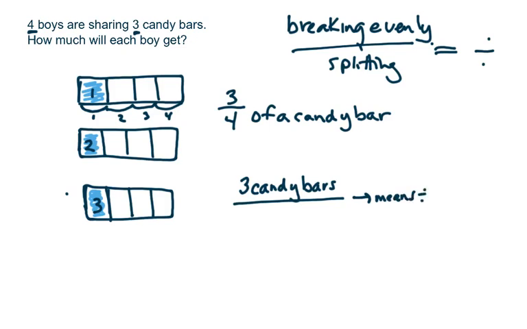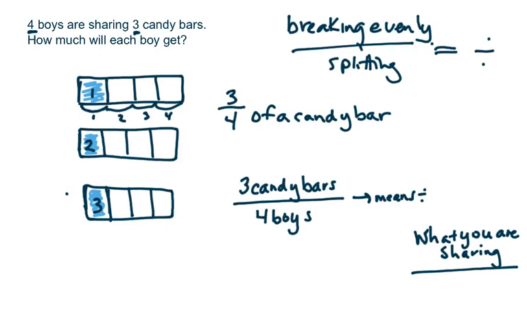We are dividing it by how many boys there are, and there are 4 boys. So 3 candy bars divided by 4 boys, each one is going to get 3/4 of a candy bar. Oftentimes when you're doing these problems with fractions as division, what you are sharing is going to be on top, our numerator, and it's going to be divided by how many people are sharing it.